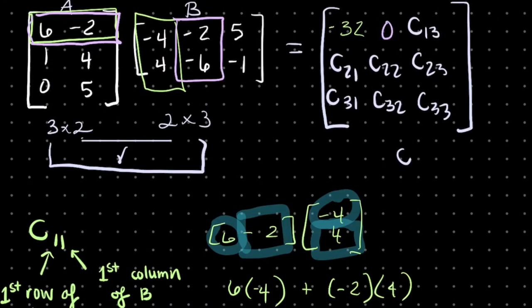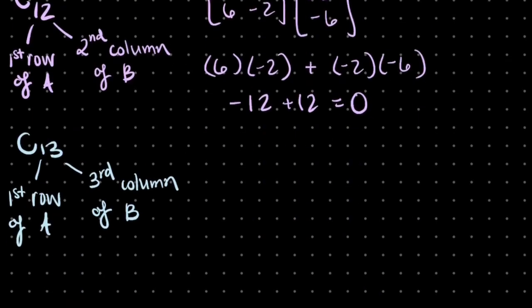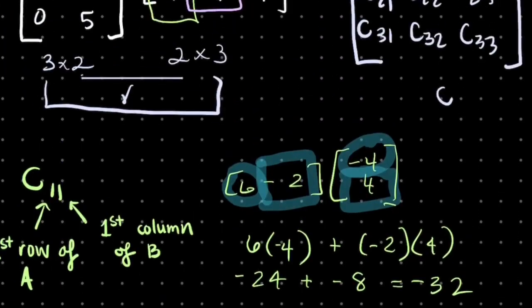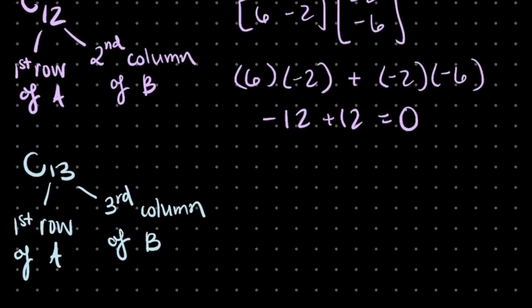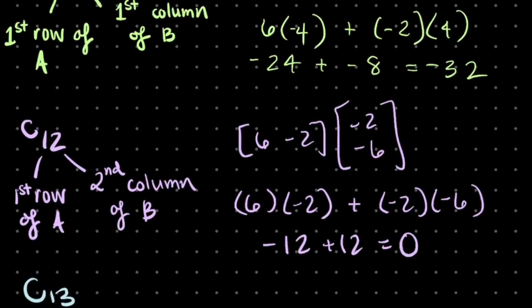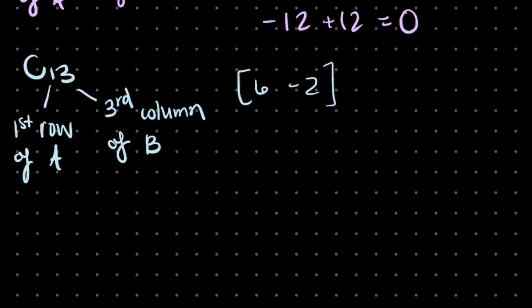Then we'll move on to C13. That is the first row and the third column. So I'm still in the first row of A, but now I'm in the third column of B. Okay, so let's write it out again. We're still 6, negative 2, and then the column is 5, negative 1.